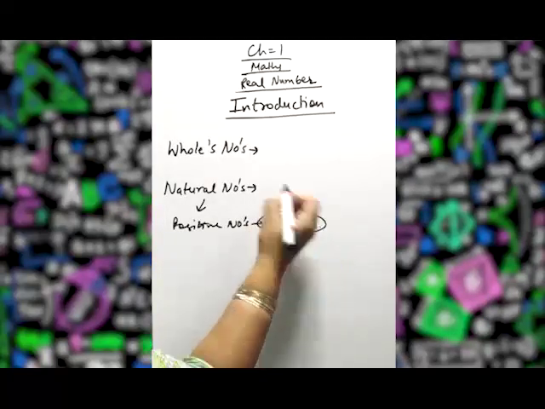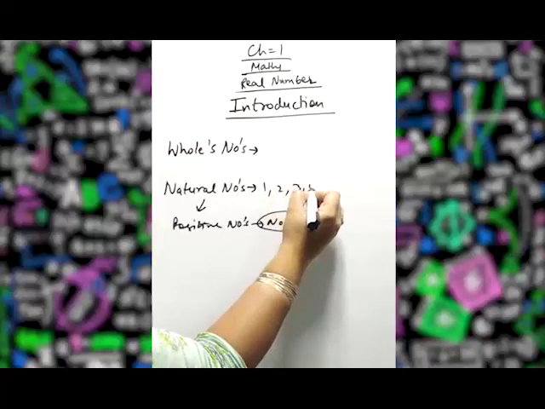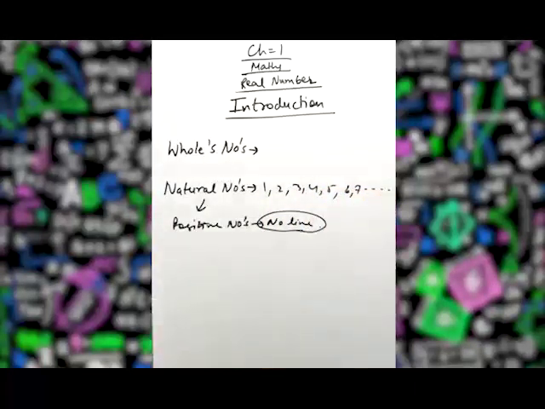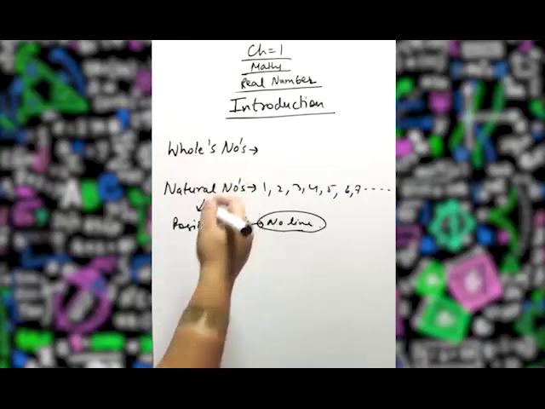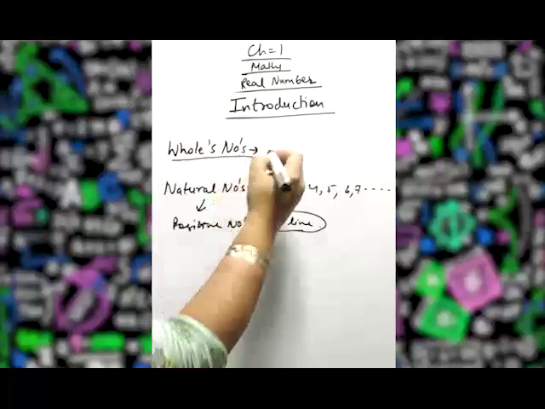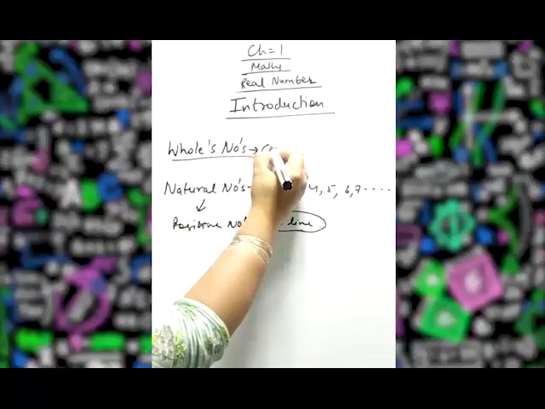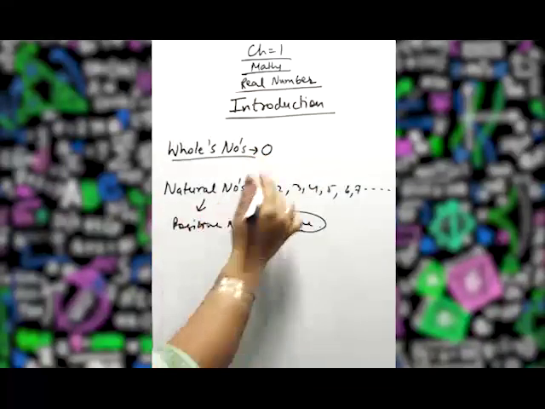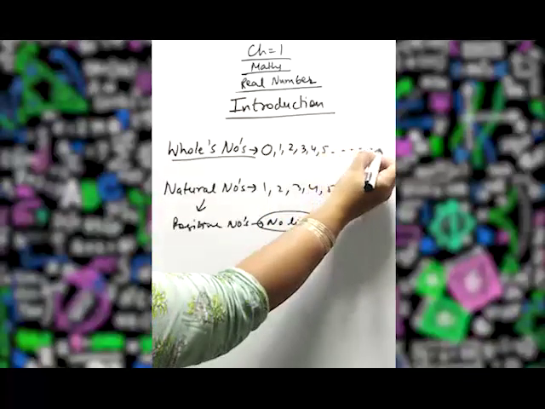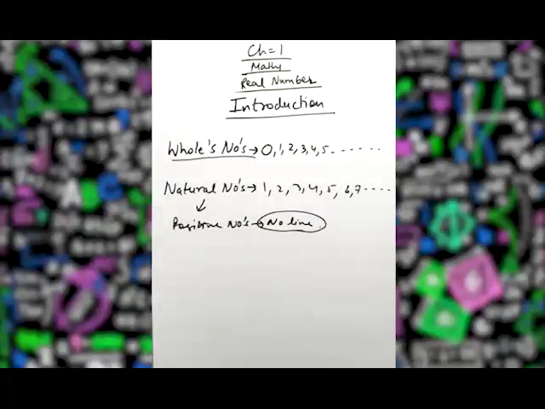That means I am talking about 1, 2, 3, 4, 5, 6, 7, just go on counting to the endless. But whole numbers mean we just add a 0 in front of the natural numbers and count further on. We can say this is a whole number.